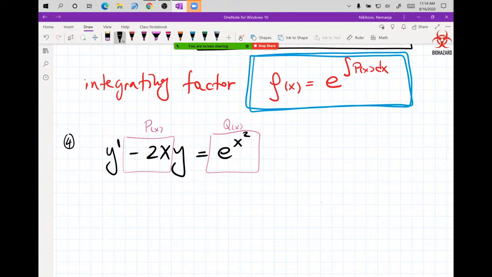We calculate the rho of x, which is the integrating factor. And that should not be a big deal for seasoned calculus players like yourself, esteemed ones.